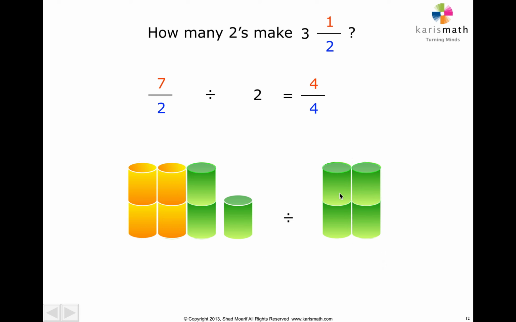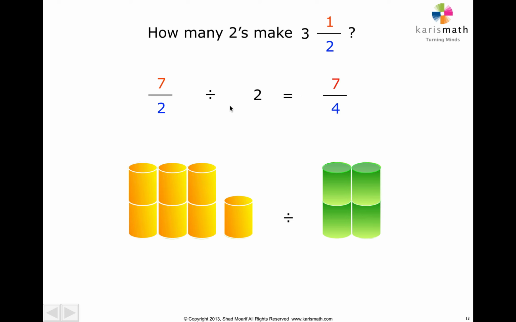And then 2 of these quarters fit into that. So move that here. That's another 2 quarters, okay? And then 1 of these quarters fits into there. That's another 1 quarter. Altogether, how many quarters do we have? That means 7 of these quarters fit into all of that.